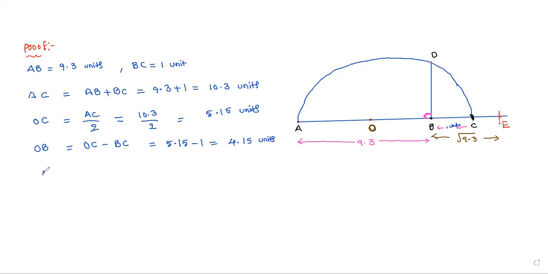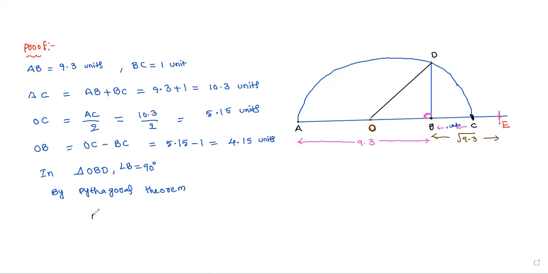So we observe in right angle triangle OBD, angle B is equal to 90 degrees, by the Pythagoras theorem. So find out the BD value. I will join OD.